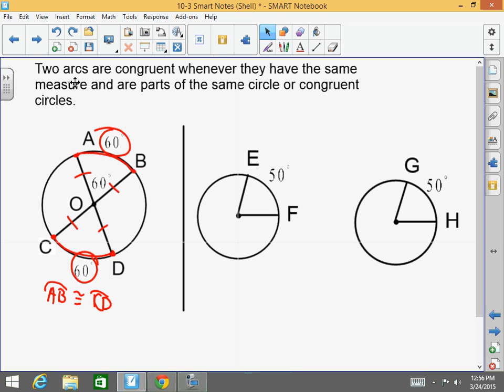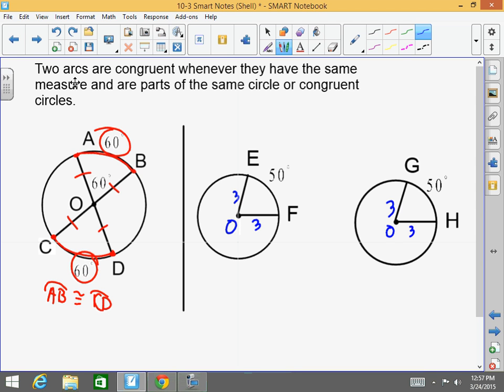Another way that you can tell if arcs are congruent, meaning they have the same measure and the same length, the same distance, is if you have two circles that are congruent. And by that I mean, of course, they have the same radii measure. Let's say that the radii here, OE and OF, are 3, and OG and OH are 3 as well.